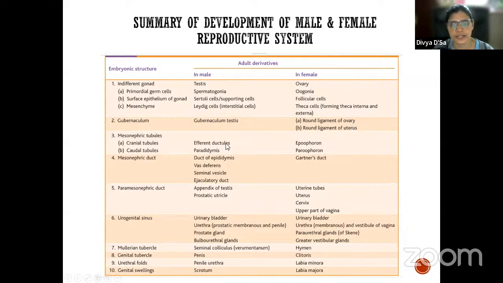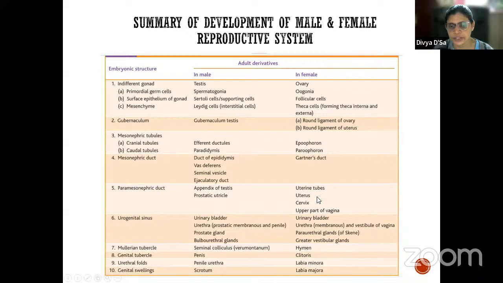Mesonephric tubules: the cranial tubules form the efferent ductules, the caudal tubules form the paradidymis; here they form the epiphoron and paraoophoron. Mesonephric duct forms the full duct system: duct of epididymis, vas, seminal vesicles, ejaculatory ducts. Here it forms the Gartner's duct. Paramesonephric duct forms the appendix of the testis and prostatic utricle.